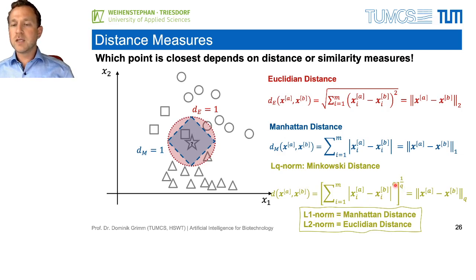If we set q to 2, we have the Euclidean distance, called the L2 norm. So the L1 norm is the Manhattan distance, that's why we write the 1 here. If we write 2, we refer to the Euclidean distance, and if we write q, we refer to the Minkowski distance. So these are 3 commonly used measures to compute distances or similarities between features.